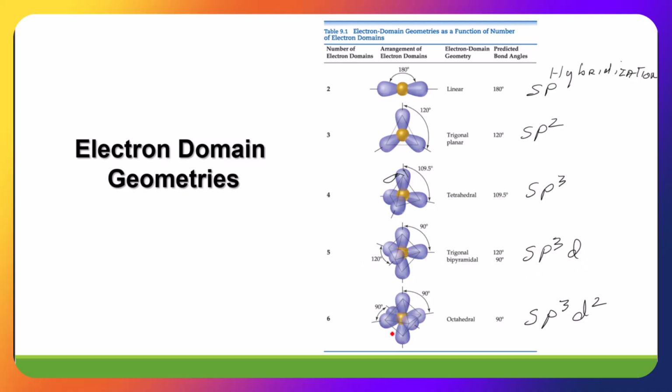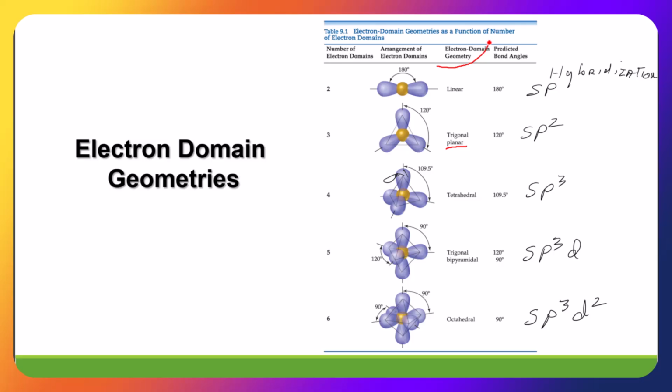And 6 electron domains, sp3d2. Even if you forget the geometries, all you have to do is look at the molecule and count the electron domains. 3 is sp2, and it's trigonal planar electron geometry.